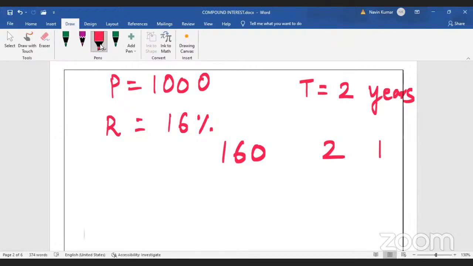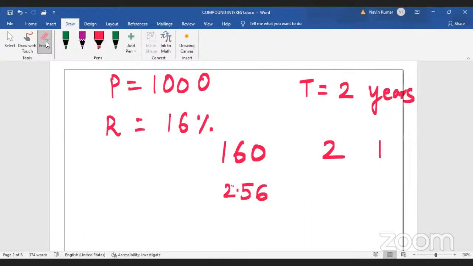Now you find 160 का 16%. कितना होगा? 160 का 16%. 256. 256 तो नहीं होना चाहिए. 25.6 होगा ना?